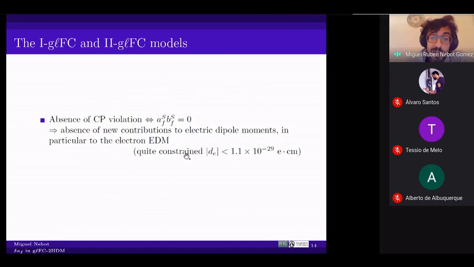So in the standard, the electron EDM is quite constrained. So in principle, by just simplifying the game and assuming those real N's and no CP violation in the scalar sector, even if we have less freedom to play around, we are absolutely safe from this point of view. So one can indeed relax that and gain some additional freedom, but since in the end it will not be necessary, we are happy with this.